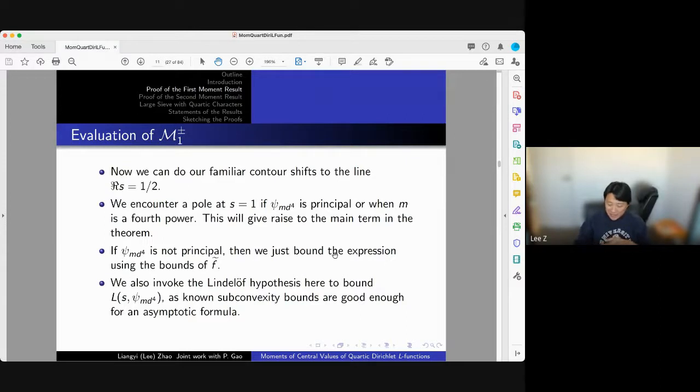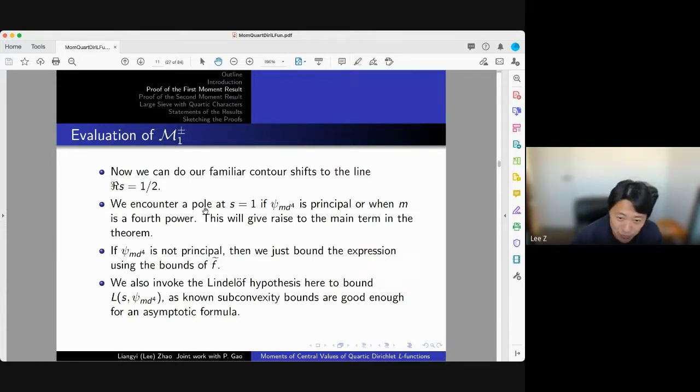Remember, I said earlier that the Lindelof hypothesis gives a bound for these L functions on the line real part of s equals 1/2, and that's exactly where we are when we've shifted the contour of the integral to the line real part of s equals 1/2. We apply the bound that's given by the Lindelof hypothesis for these L functions, and then it's just cleaning things up.